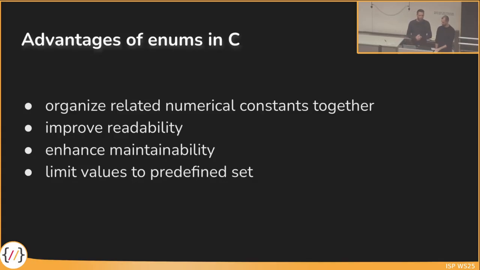If we see Tuesday in the code, we do not always have to calculate which number Tuesday has. We just work with the name instead of the number behind it. And it enhances the maintainability, because if I want to change something, I just have to change my enum, for example, to add or remove values.